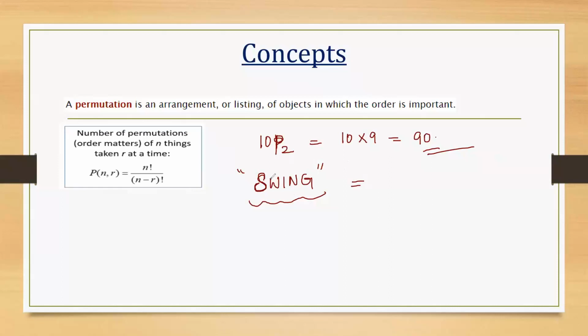How many letters are there? 5, right? So 5 factorial. 5 letters, each are different, right? So 5 factorial, so 5 into 4 into 3 into 2 into 1. The answer will be 120.